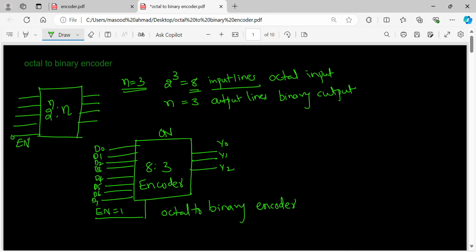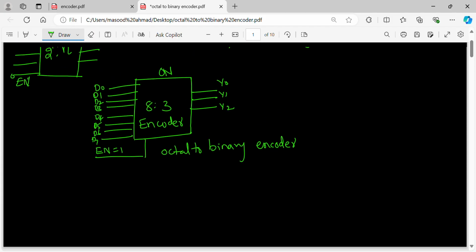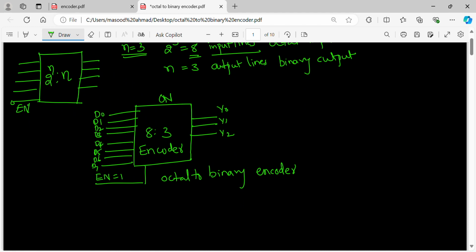When the encoder is on, let's look at the input-output relations. What are the inputs and what are the outputs? It is something like this: D0 through D7 are the inputs, and the output lines are Y0, Y1, Y2. When D0 is 1 and the rest are 0, the output will be 0, 0, 0.